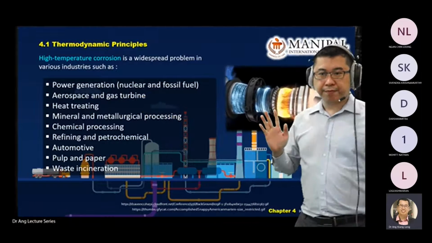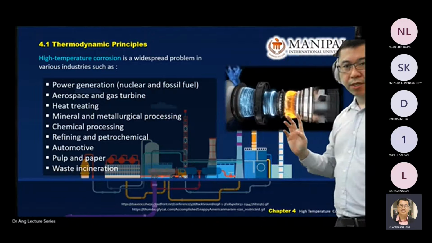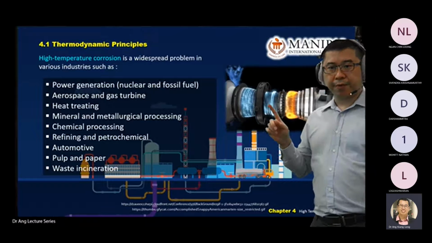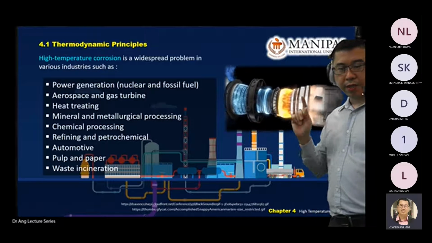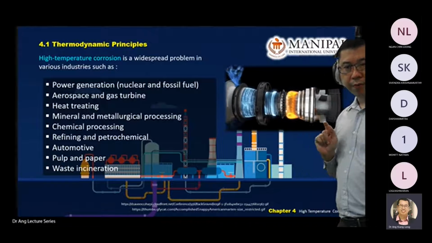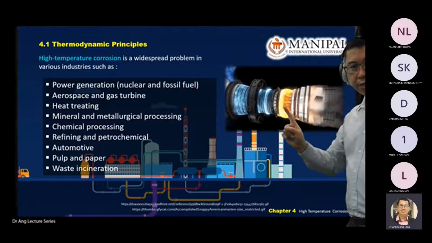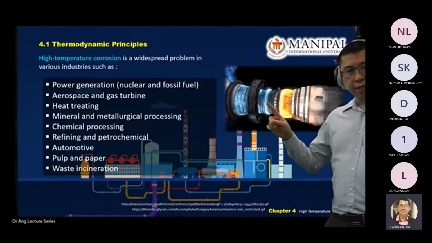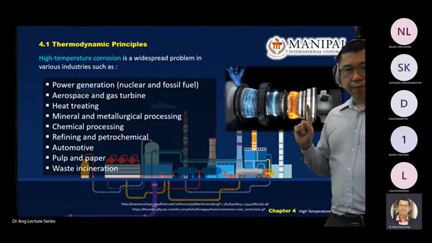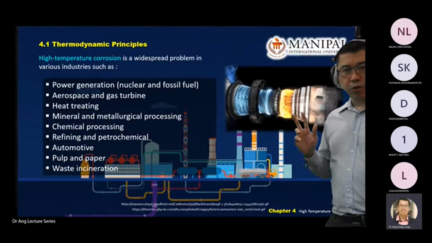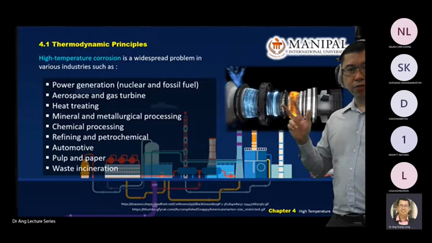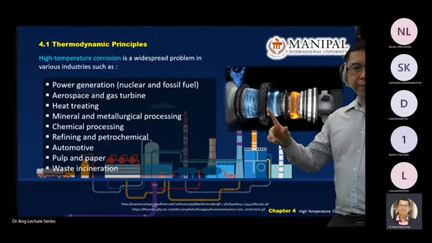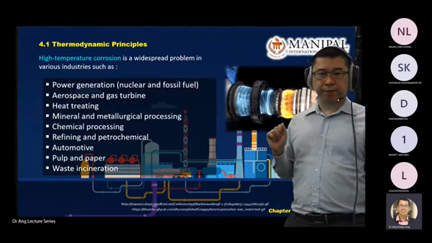This is how a gas turbine works: you suck in air, and then there is a combustion process with the fuel. These sections will experience high temperature corrosion because of the octane element, the fuel chemistry, and the additives you add into the fuel. So the chemical process happens over here.